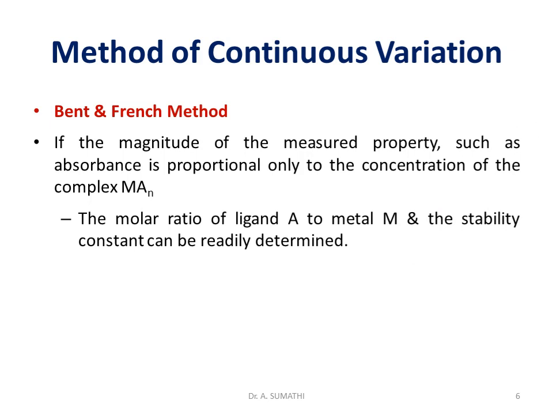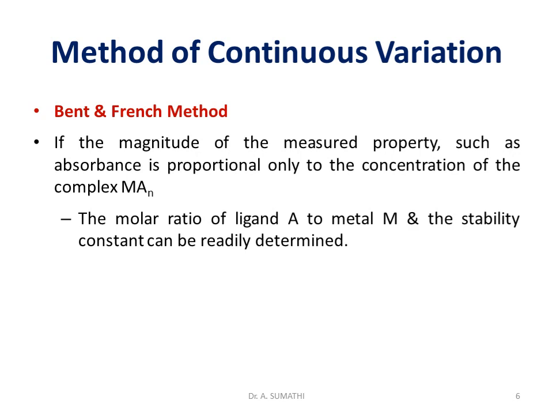Another two scientists, Bent and French, have their own method. Here they utilize the magnitude of the measured property, which is absorbance. According to Bent and French, this absorbance is proportional to the concentration of the complex. If the concentration of the complex is higher, you can notice higher absorbance.